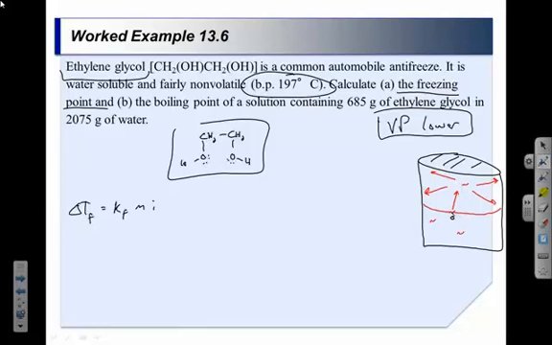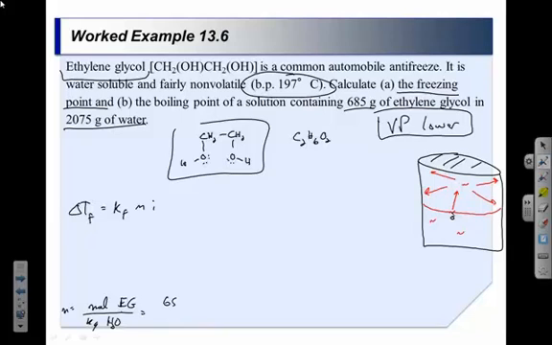I've got its formula, C2H6O2, and I know that I have 685 grams of it, and I know how much water I have. So all of that information is necessary to calculate molality, right? Because that's going to be moles of the solute, the ethylene glycol in this case, divided by kilograms of water, which is the solvent in this case.